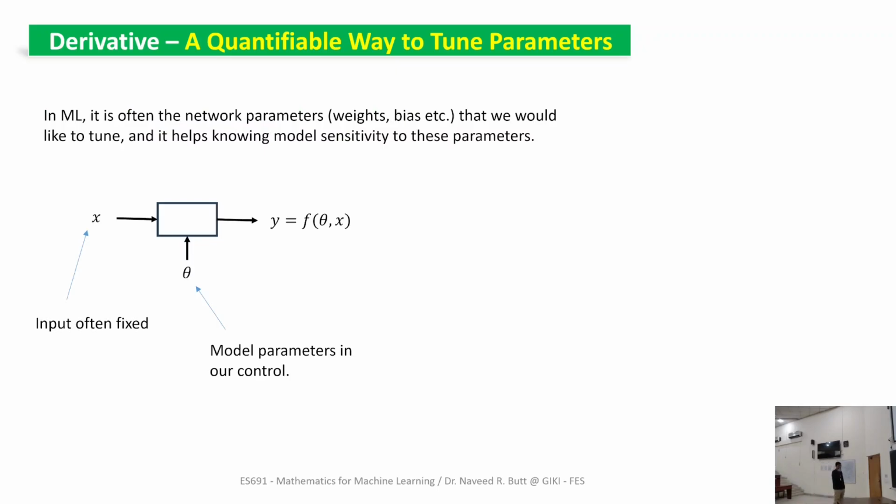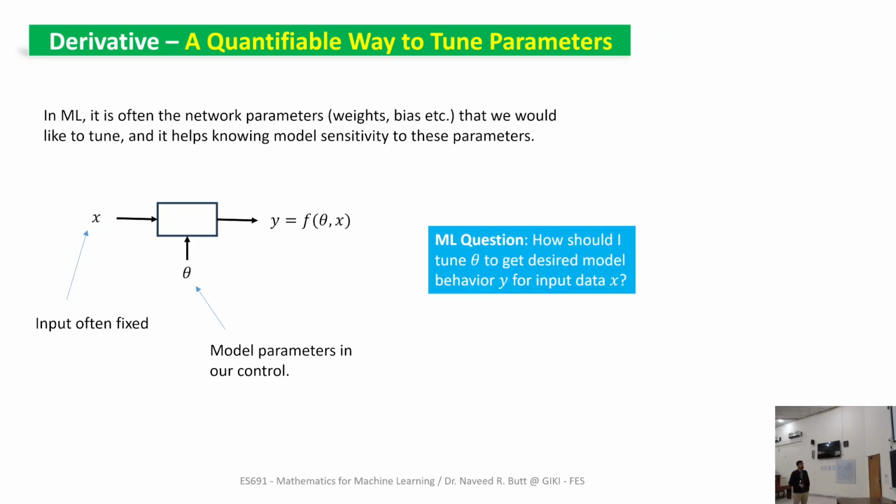So in machine learning, for instance, often the input in our control are the model parameters, right? So the question is, how should I tune these parameters? क्योंकि आपके weights होंगे, biases होंगे, then there are hyperparameters जो हम इस तरह calculus से tune नहीं करते, often we just play with them, increase the number of layers, decrease the number of layers, right?